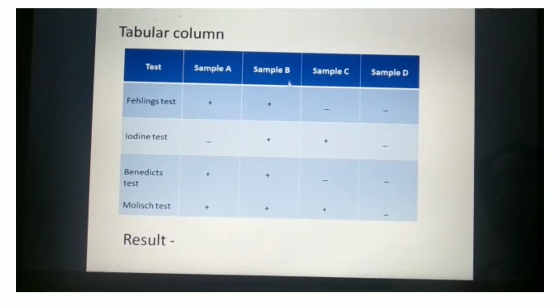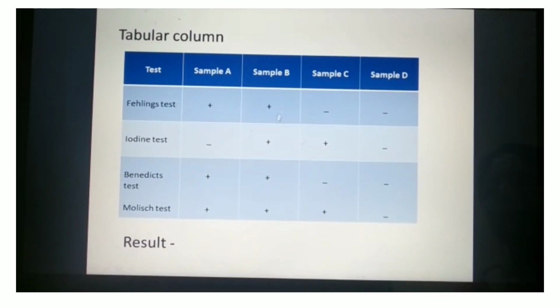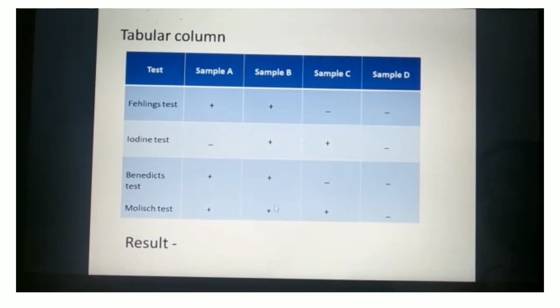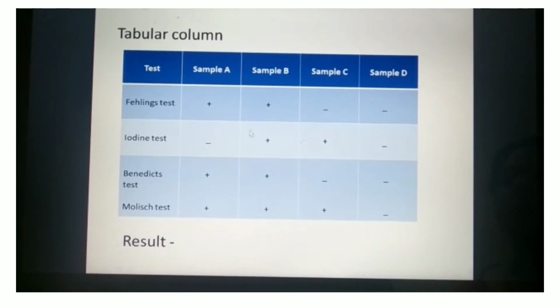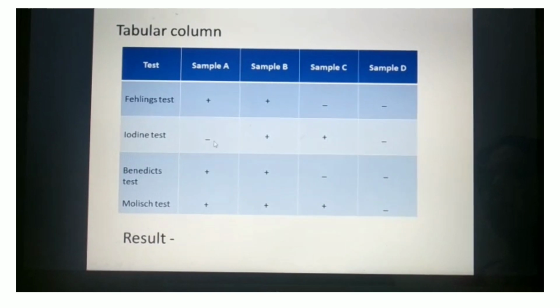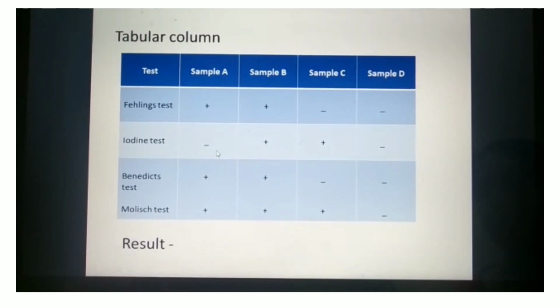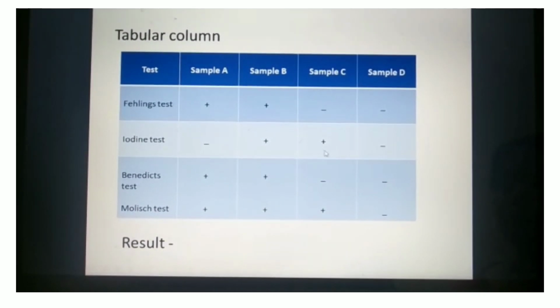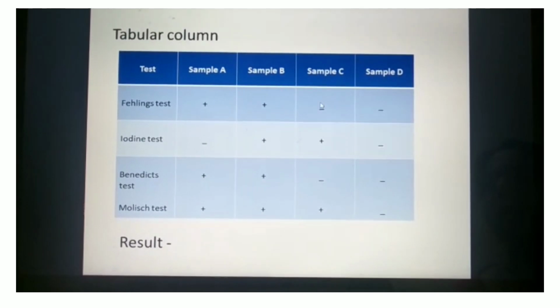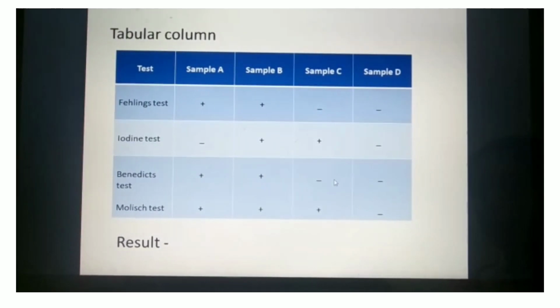The sample which I have taken today had both starch and glucose. That is why it answered for all the tests. Suppose in a sample glucose is present and starch is not there, it will not answer for the iodine test. If starch is present and glucose is absent, it might not answer for Fehling's test and Benedict's test.